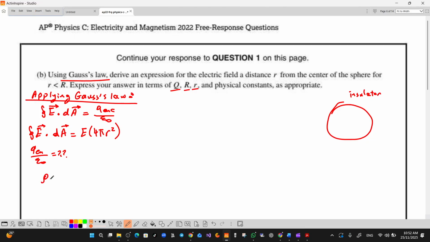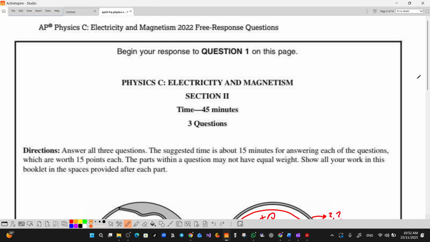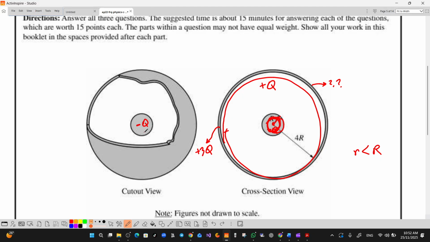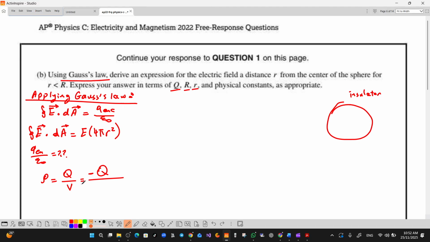We know that rho for an insulator is given by the total Q over V, which means the total Q is minus Q. According to the given, the charge in this sphere is minus Q. Now the total volume of this sphere is 4 over 3 pi R cubed, where R is the radius of this sphere.